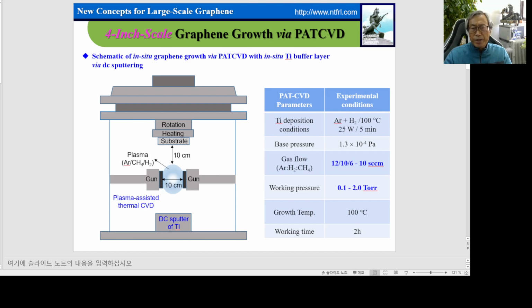The substrate is apart from the plasma ambient. In our case, we determined 10 centimeters. That is very important to avoid damage to the graphene by the plasma, so we call it plasma-assisted thermal CVD. This one is the growth condition of the titanium deposition and graphene growth.